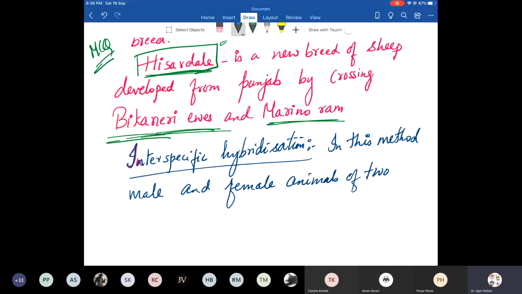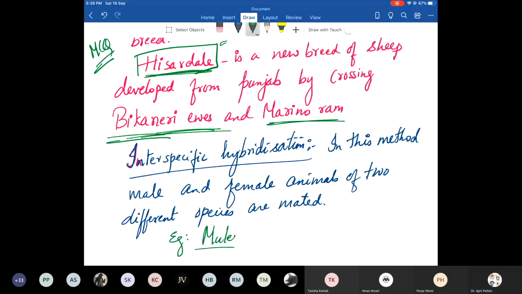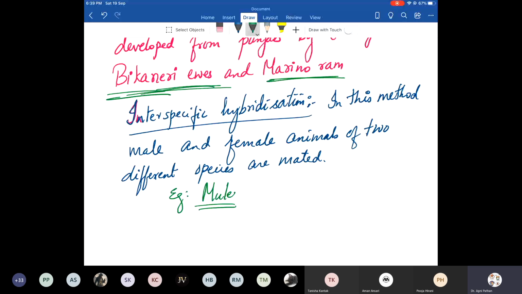The example is very, very important. That is the mule. What is a mule? Mules are sturdier and hardier than their parental species.